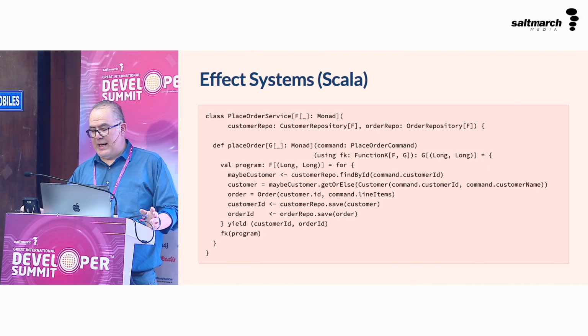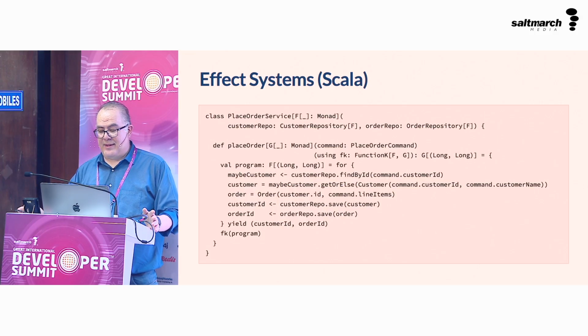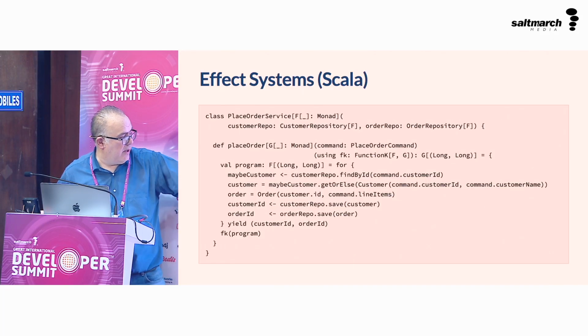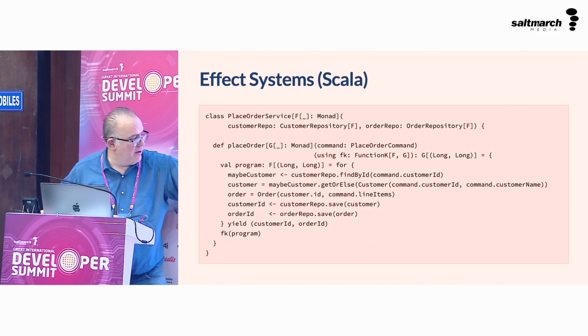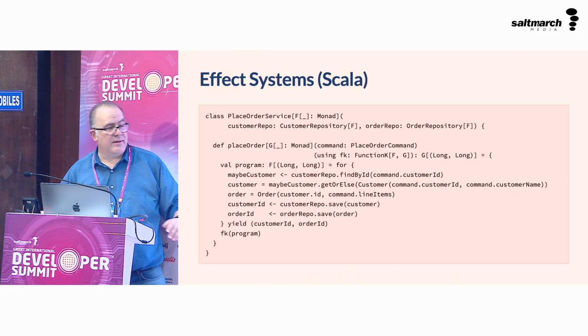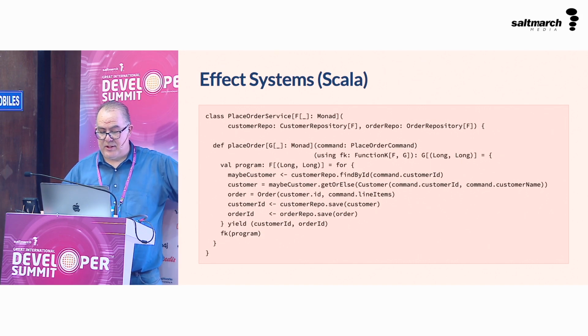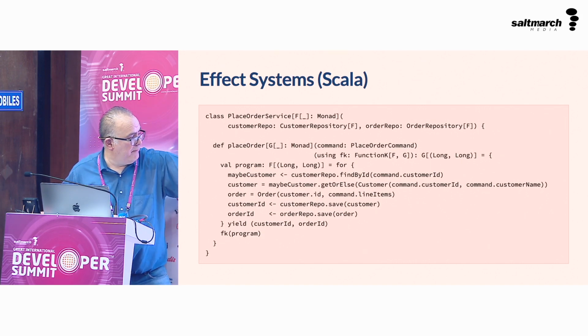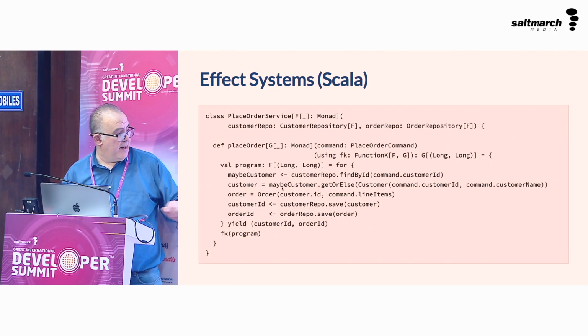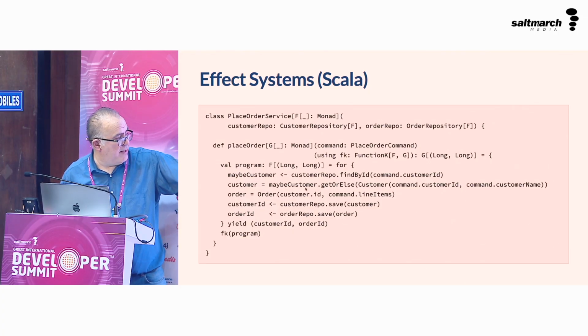The idea for this, and I love it, is that you get to focus on this part right over here, which is your business. That's what this is: get things from a repo, wherever you are. Over here, customer repo.